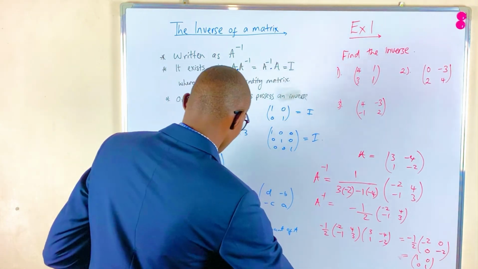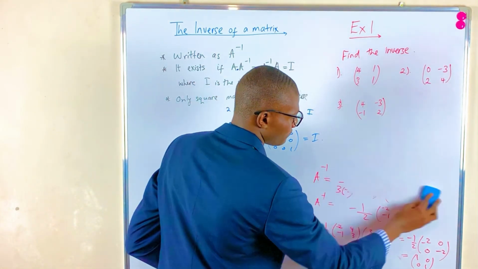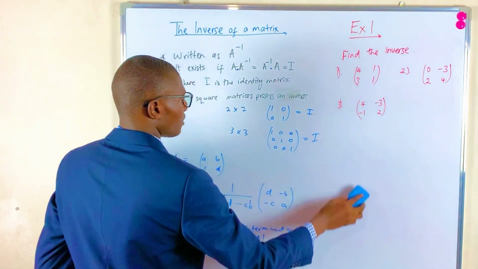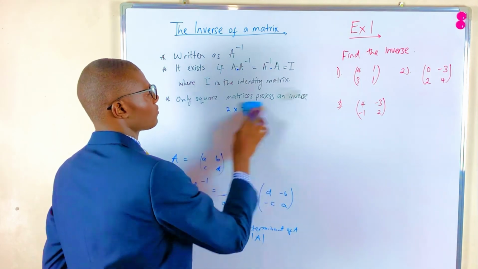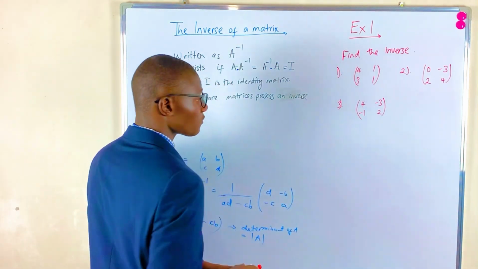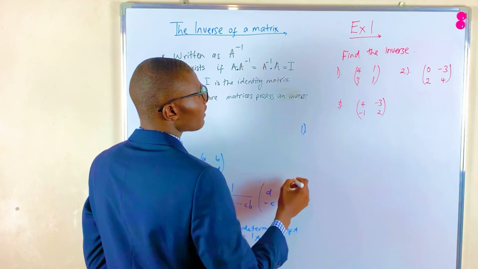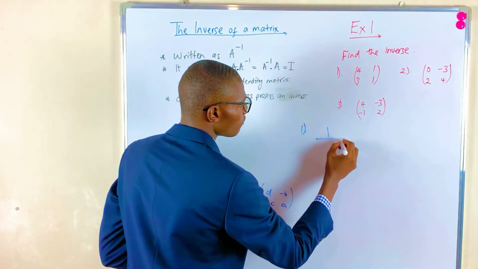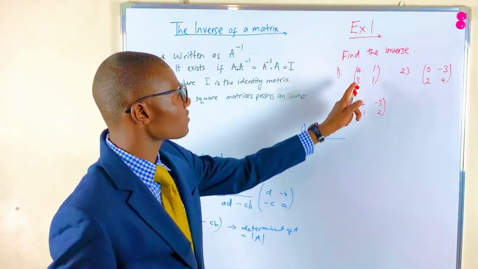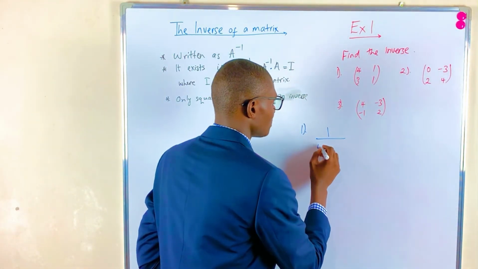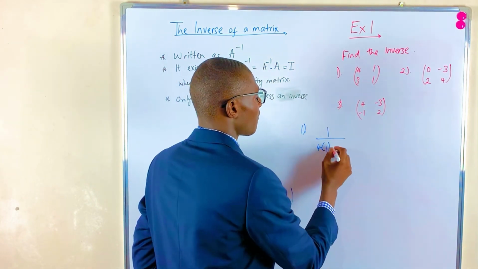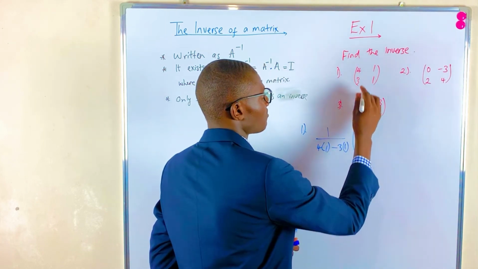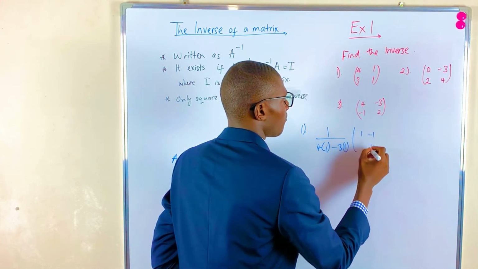So allow me to erase this part. Okay, and maybe this as well. Alright, so for the first part, number 1, finding the inverse of the matrix 4, 1, 3, 1. We're saying 1 over the difference of the products of the diagonals, which is the determinant, 4 times 1 minus 3 times 1, and then times the matrix 1, minus 1, minus 3, 4.